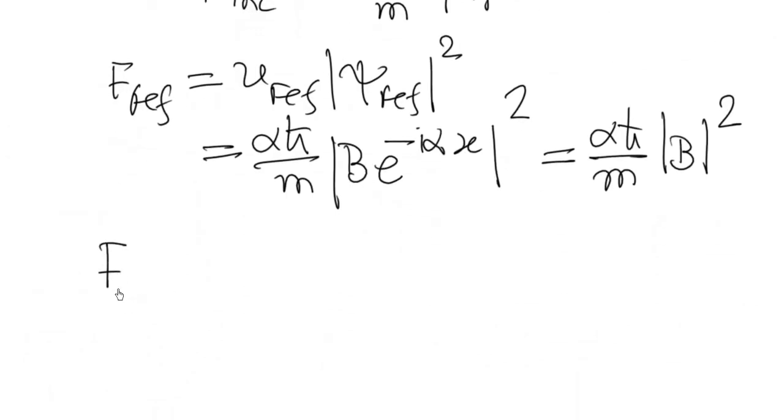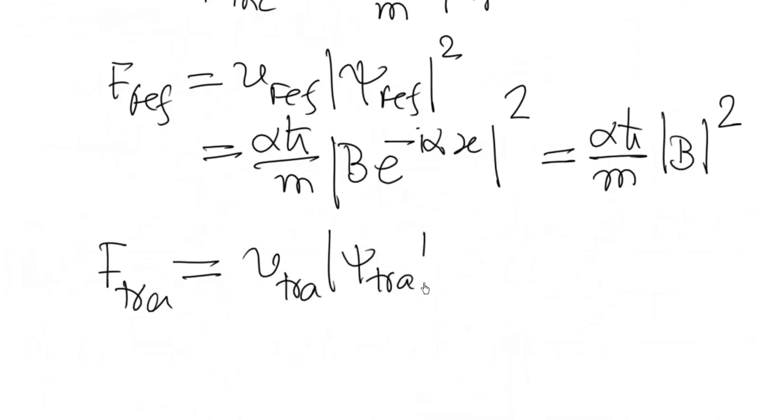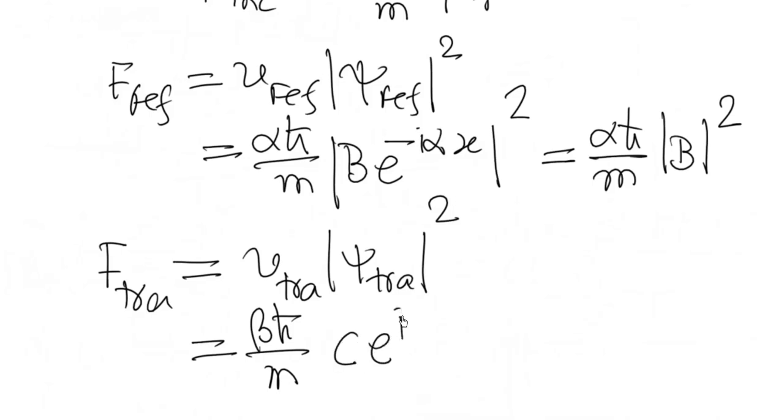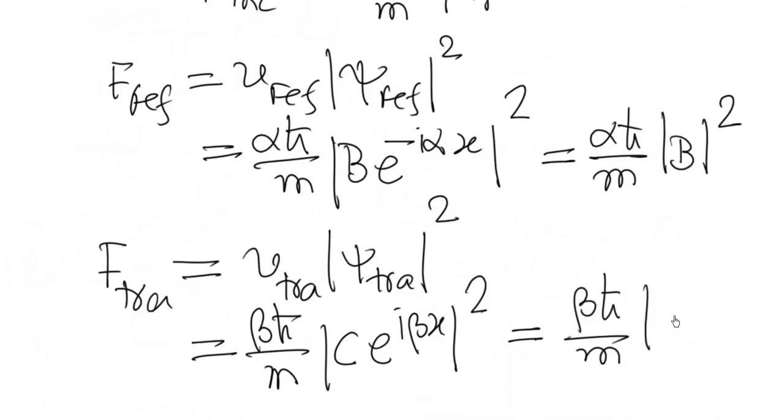And the transmitted flux is beta h-cut by m times C e to the power i beta x modulus squared. Okay, this is the transmitted flux.